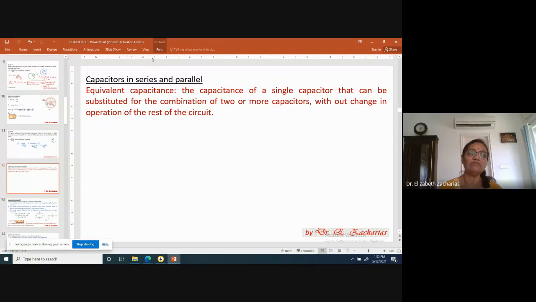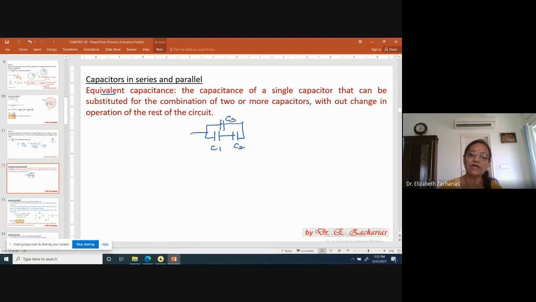Now before we do that, we need to understand one term that's called the equivalent capacitance. What is the meaning of equivalent capacitance? If I take capacitors and put them in series or parallel or combine them, let's say I'm talking about a combination like this. Let's say this is C1, C2, C3.